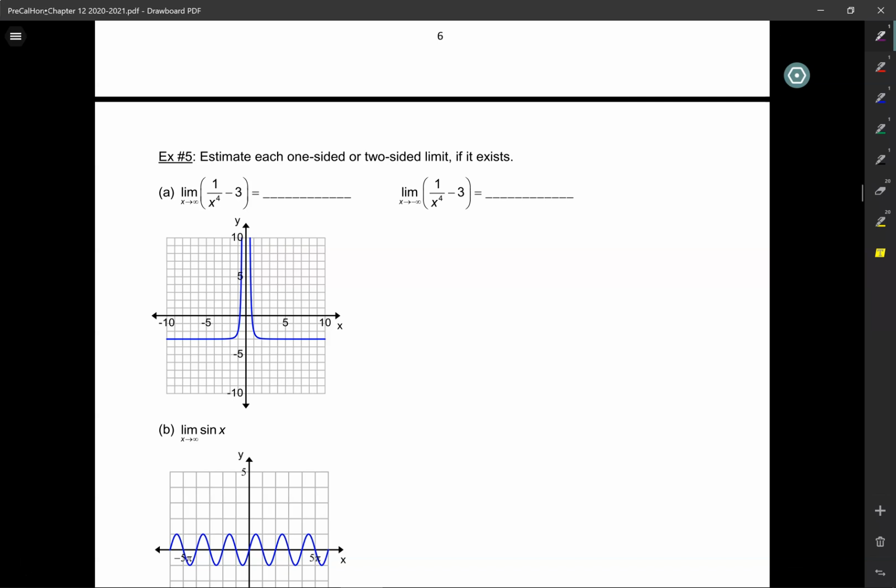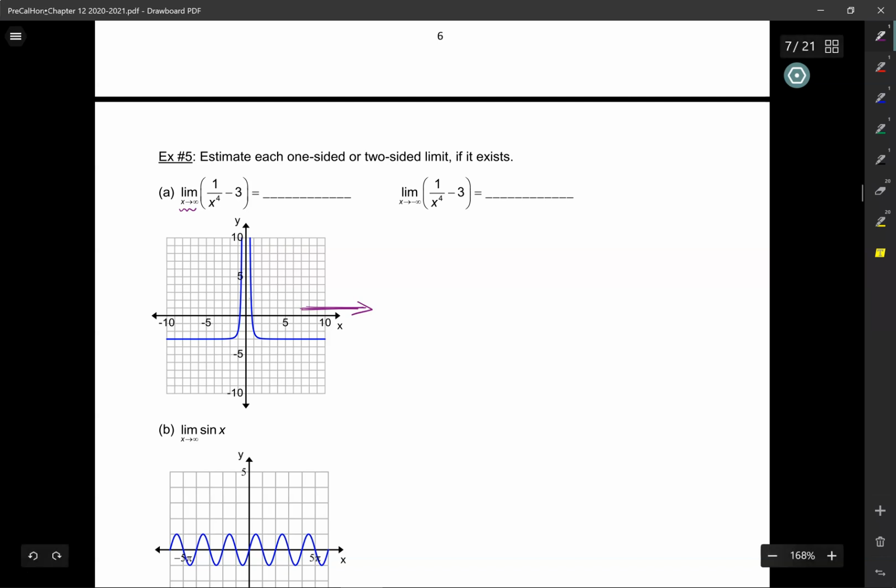Here I have a function graphed, 1 over x to the 4 minus 3. All right, so I want to know what is the limit as x approaches infinity. Okay, what's an infinitely large number? A million, a trillion, a gazillion, right? So as you move along the x-axis to the far right of the positive side, to positive infinity, what y value do you feel your function is going to take on?